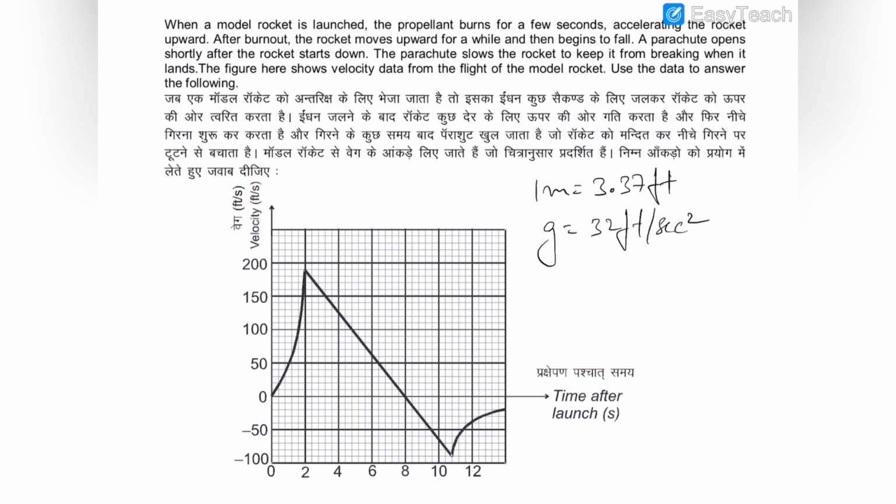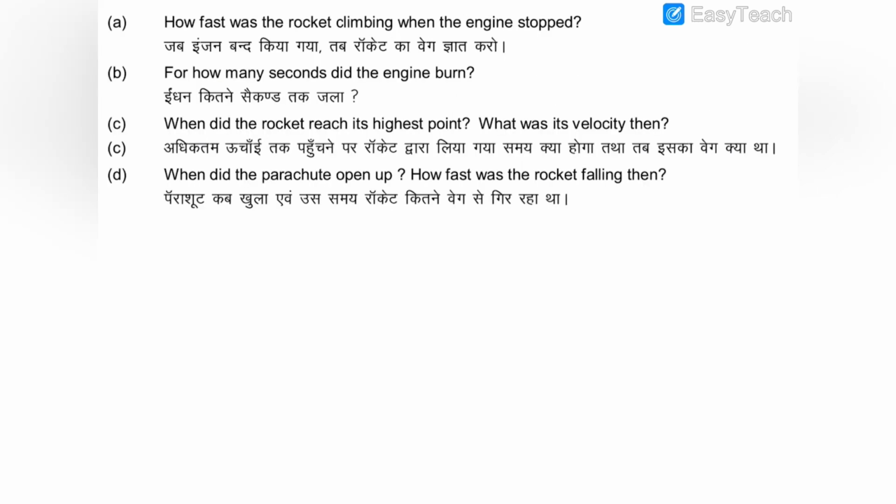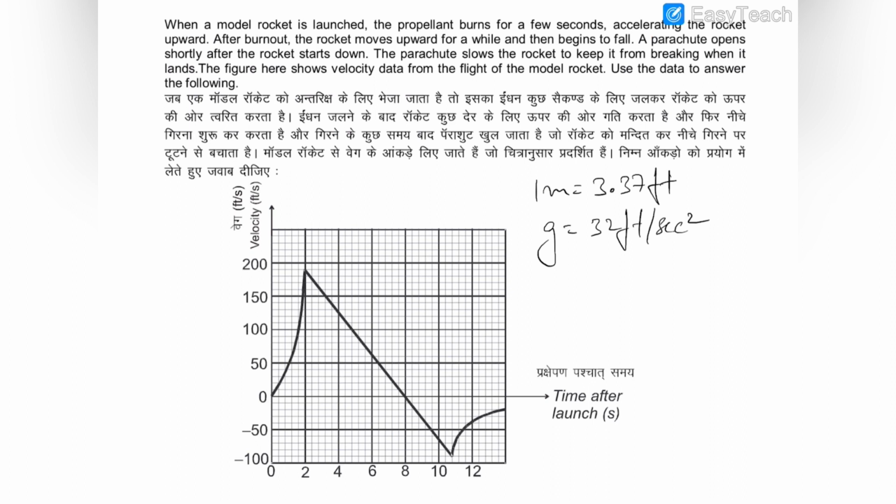Now you can see that this is a graph. This is the rocket going up and then it is falling freely, then the parachute opens. So the first question: how fast was the rocket climbing when the engine stopped?